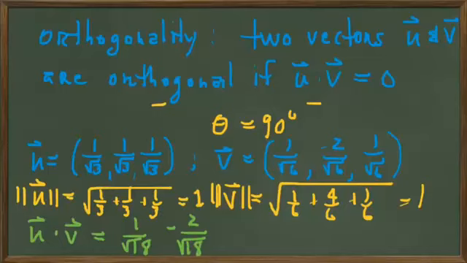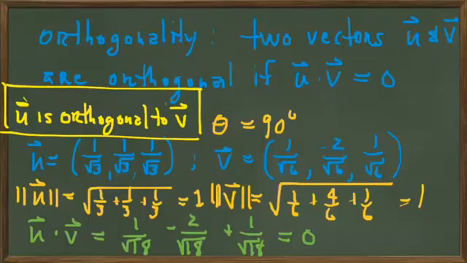And u3 times v3 is 1 over the square root of 18. And we add those together to get 0. So since the dot product is 0, that means the cosine of the angle between them is 0, and that means the angle is 90 degrees. So u and v are orthogonal. So u is orthogonal to v.